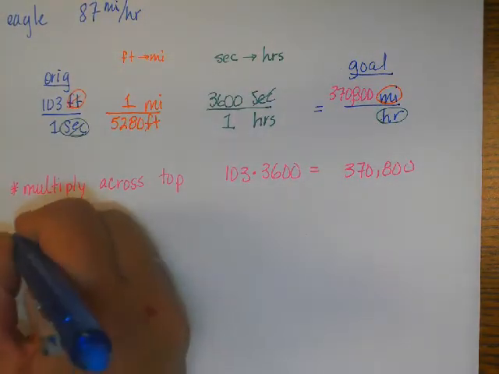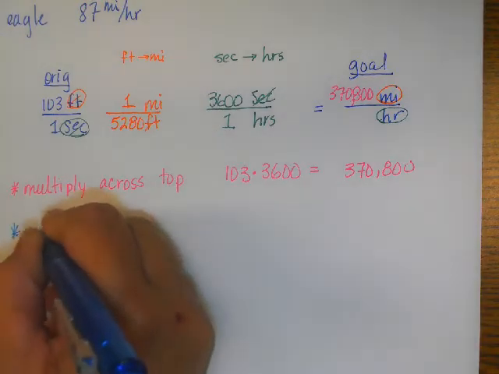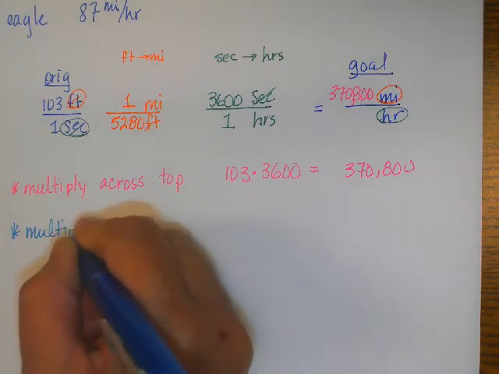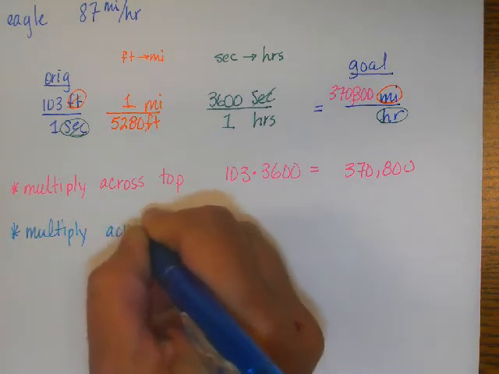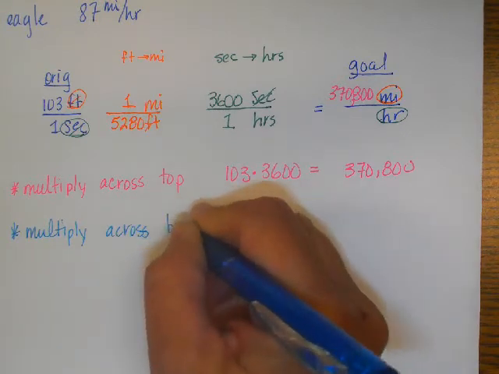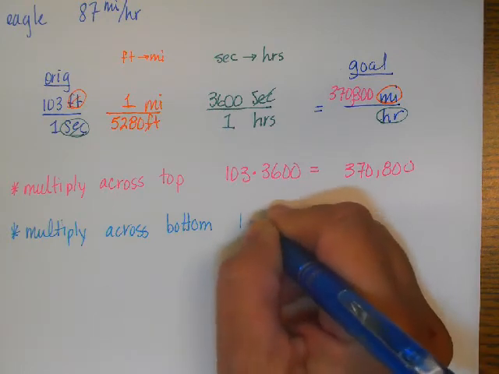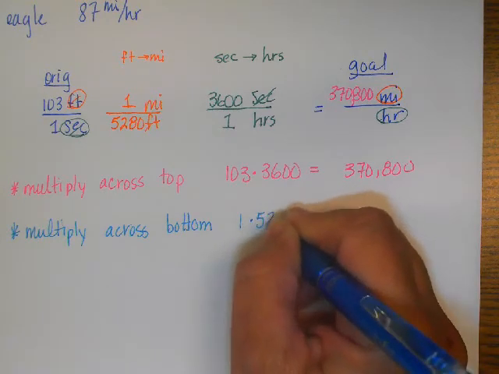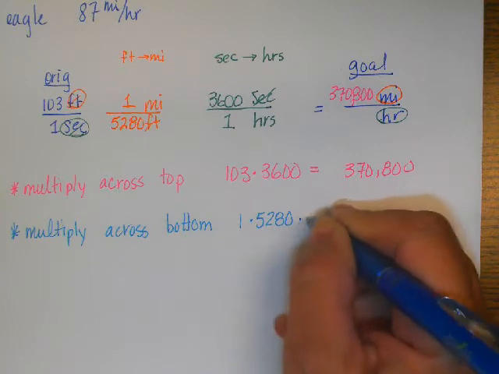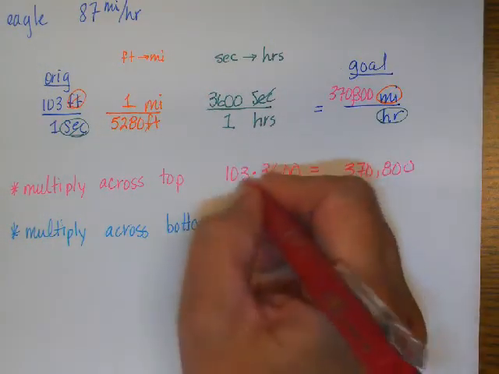And then I'm going to multiply across the bottom. So I'm going to multiply all my denominators together. So that means I have 1 times 5280 times 1. And I guess I did have up here in seconds, I had a 1 in here between the 103.